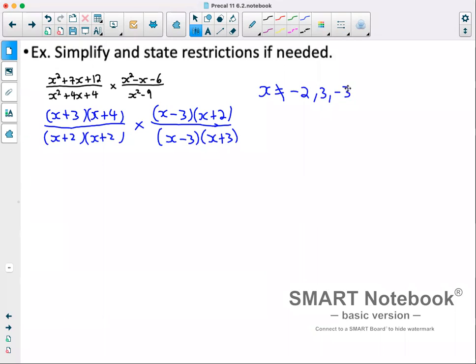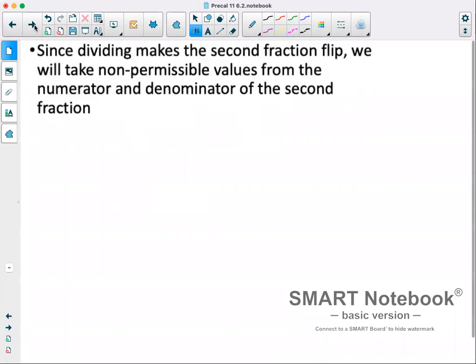We'll then go through and cancel out terms. x plus 2 cancels out with an x plus 2, x plus 3 cancels with an x plus 3, x minus 3 and x minus 3. So that leaves us with x plus 4 over x plus 2. And this is as simplified as we can get this one.